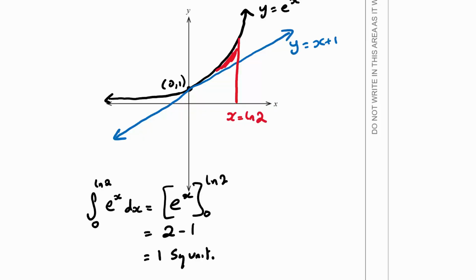Now, under the line, we know that the line is y equals x plus 1. So if x is ln 2 there, that point there is ln 2 plus 1. So the area under the line is a half times the base times the height.